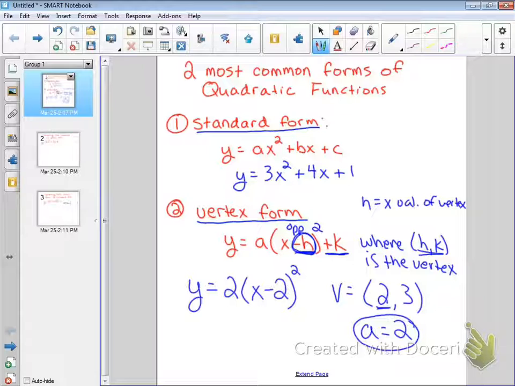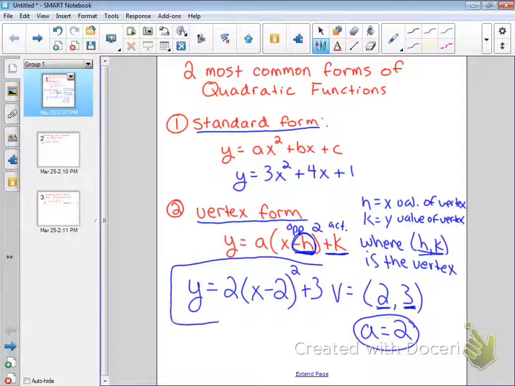Now, this plus k means the actual value of the vertex, so k is the y value of the vertex, and we're going to put in the actual value of it. So if your y value of the vertex is 3, we're going to put in plus 3. That is the vertex form of a quadratic function.